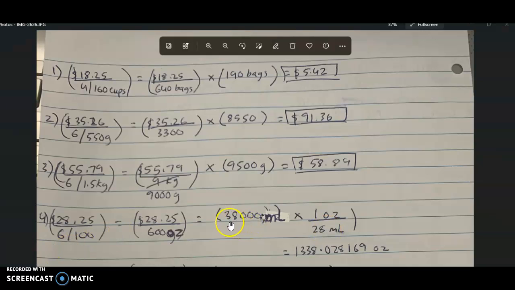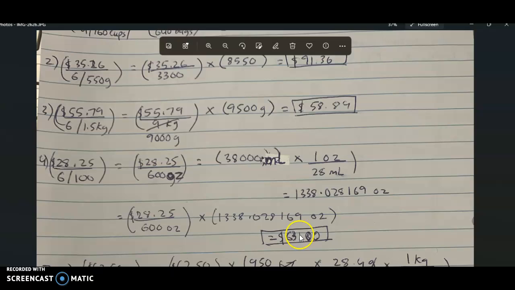So 38,000 divided by 28.4, I got 1338.028169 as my number, and that's my new ounces. When I put this into my calculator, I'm going to use this number as my ounces. I'm going to do the same thing I did on my other ones: take the price divided by the unit, multiplied by the amount, and I get $63 as my price.